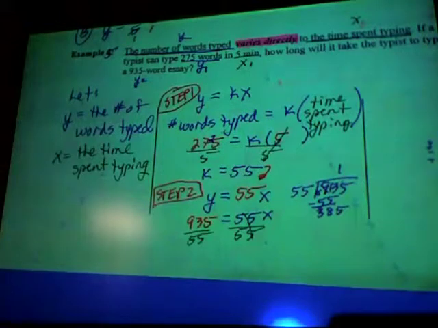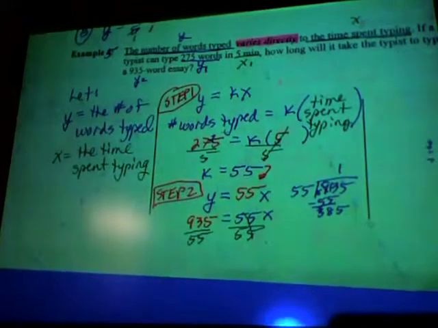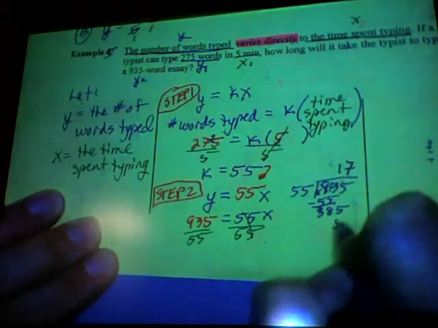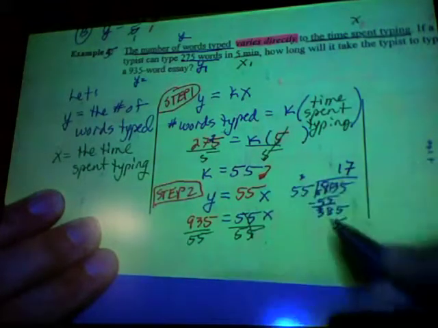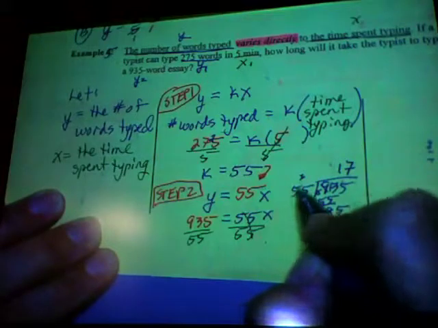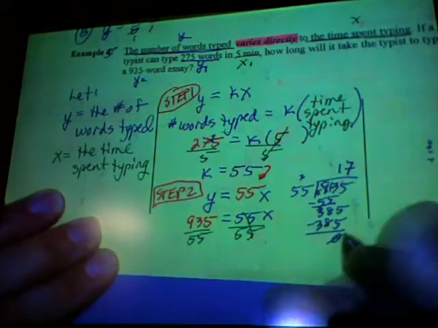You got 300 here, so that would be over 6 times, right? And then the 85, 7. Did you say 7 or 6? 7. Let's try 7. What's 55 times 7? 7 times 5 is 35. 7 times 5 is 35, plus 3, 38. So we don't have any remainder.